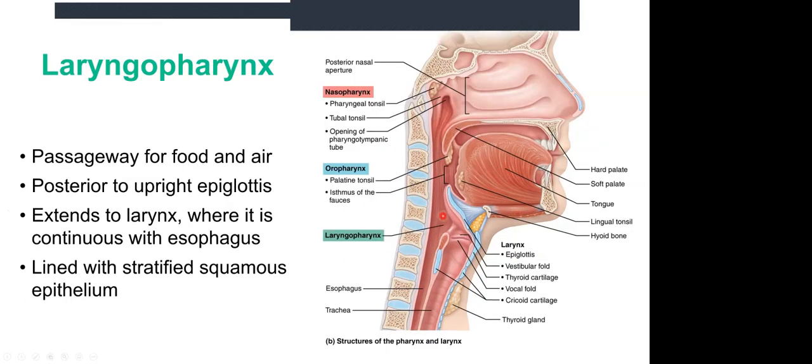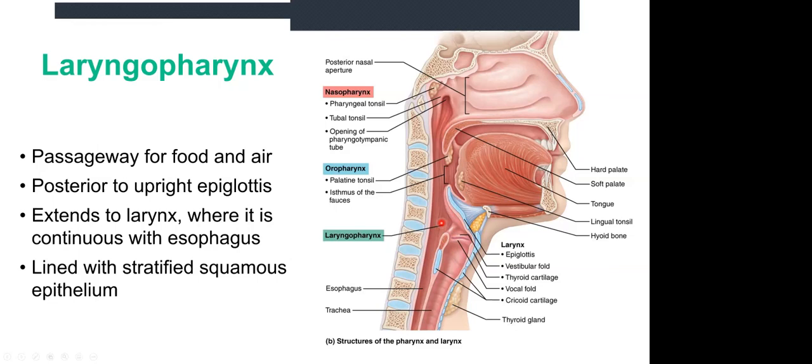So moving on to the bottom section then is the laryngopharynx. This is a shared pathway for both food and air and is posterior to the upright epiglottis. So in this instance, the epiglottis is upright, and this section here is our laryngopharynx.